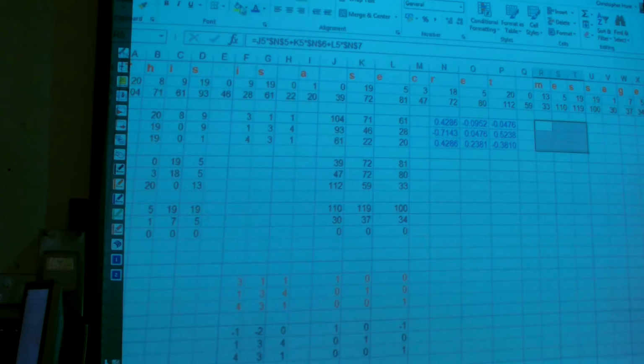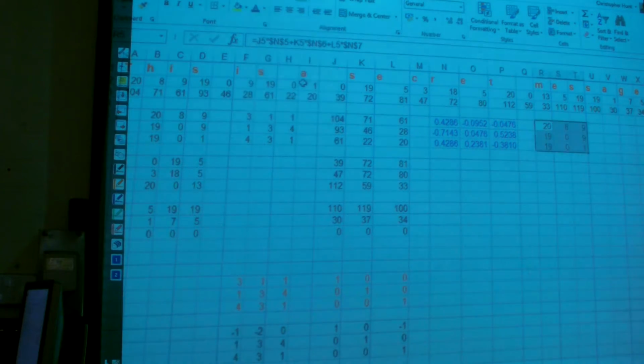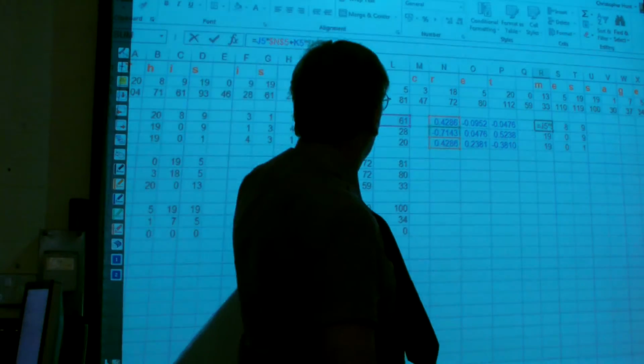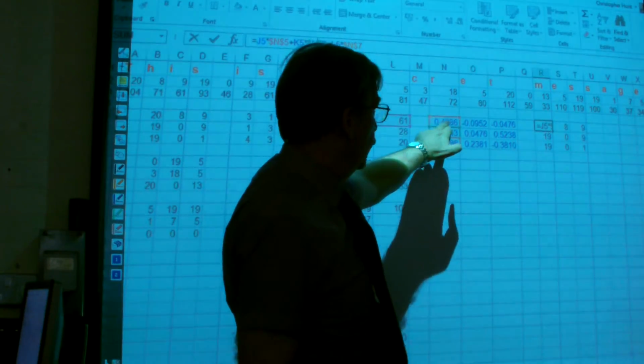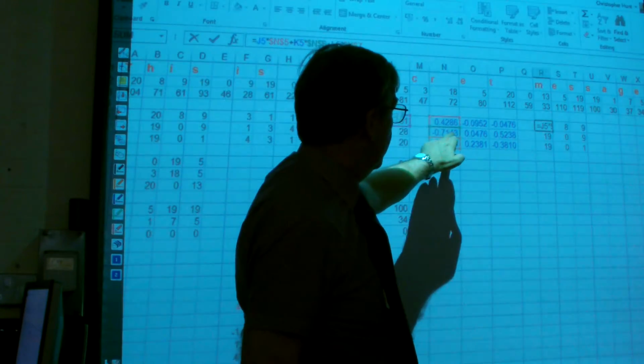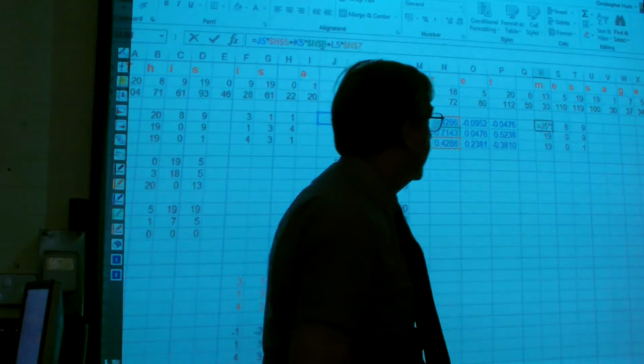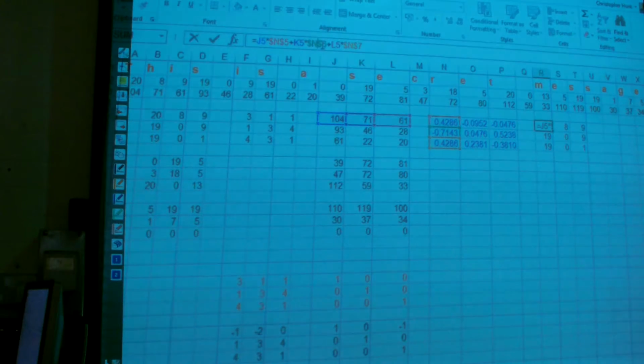So, in this cell here, we've said 104 times 0.4286 whatever, 71 times minus 0.7143, whatever, and 61 times 0.4286, etc. And the result is 20.